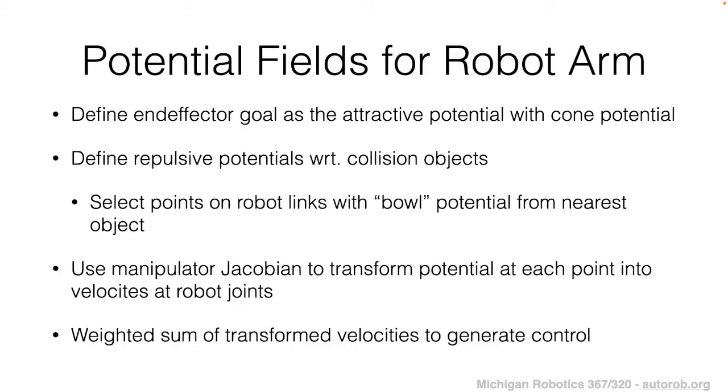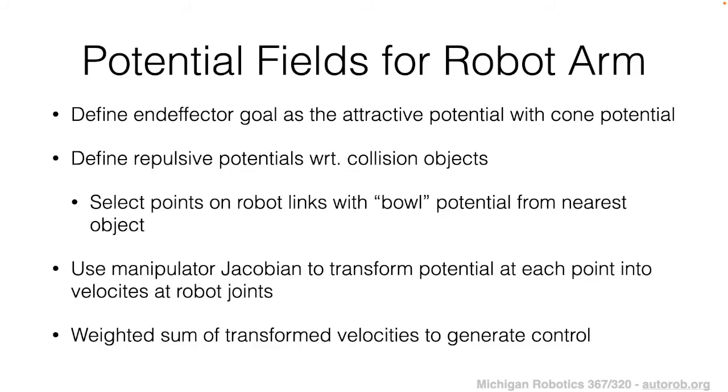There are a few things we would need to consider. The first is that we would need to define the end effector goal as the attractive potential, potentially using a cone potential as we did for the 2D workspace, where the cone is now defined over that larger dimensional configuration space. In addition, we could define repulsive potentials with respect to collision objects within the world.